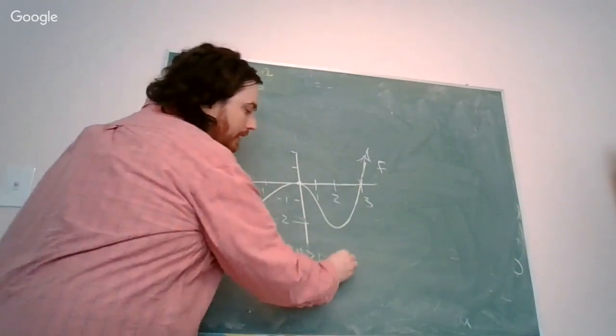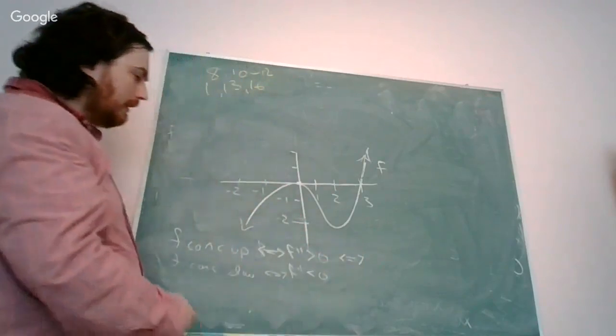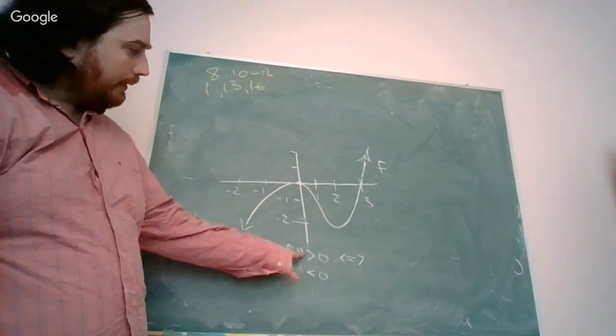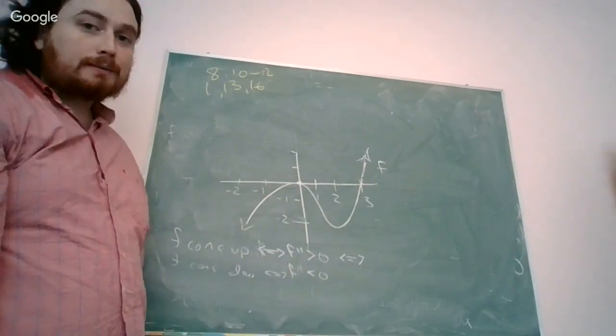But now, because we have the derivative function up here, I'm going to say that the second derivative is positive if the derivative of the first derivative is positive.